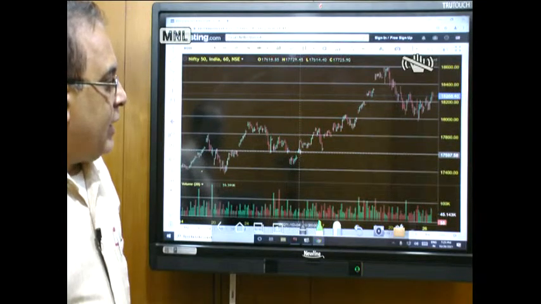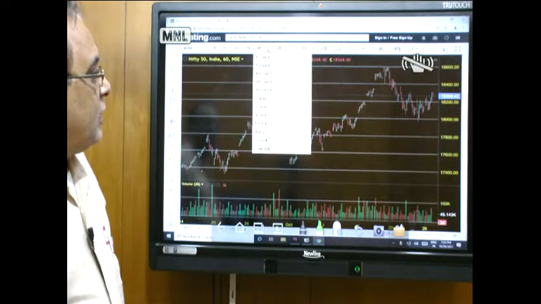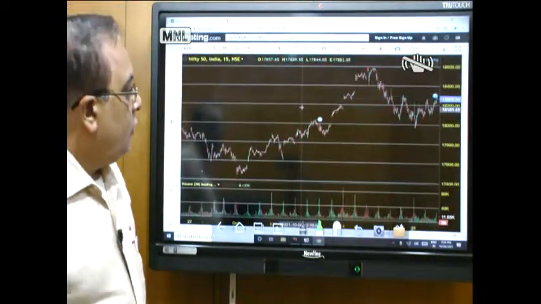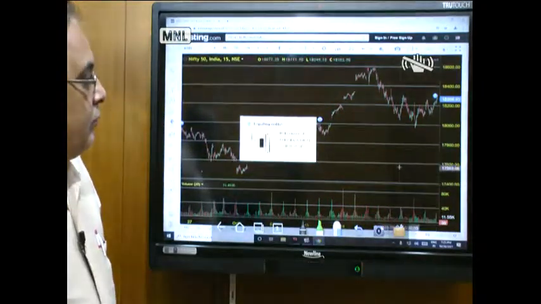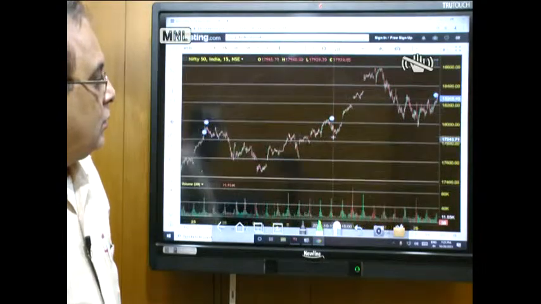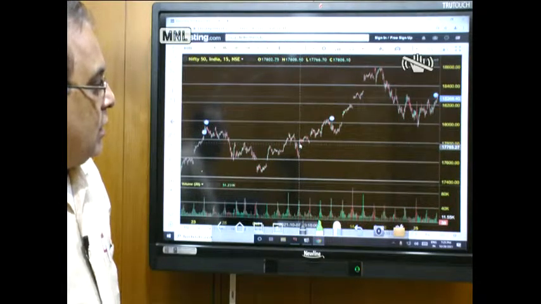Now this bar, after the first 15 minutes or so, the rally continued. Let me put the 15-minute chart there. So in a lot of cases, this is the first 15 minutes chart. This is the 9:50, 9:30 period.